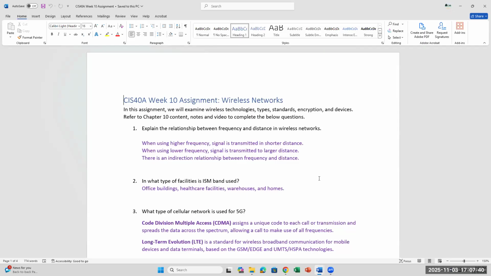So even if I'm able to do dual band, just keep in mind that if you're using higher frequency, you have to be closer to your access point or your wireless router. When you're using lower frequency, you're able to go a larger distance.